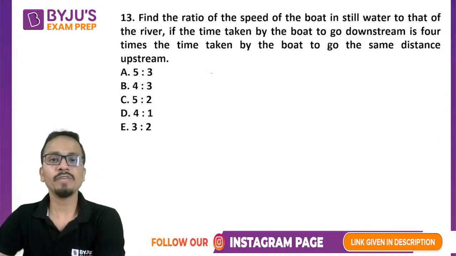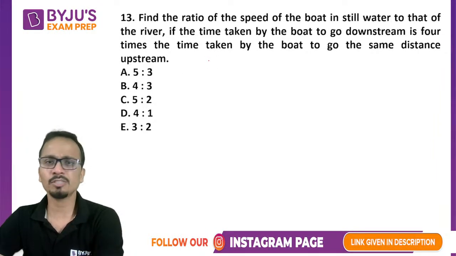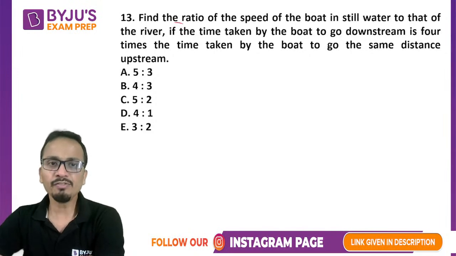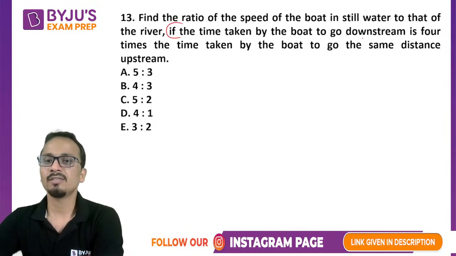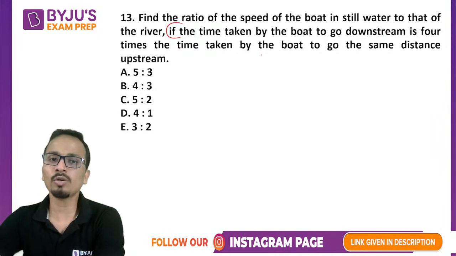Okay, so we have to find out the ratio of speed of boat in still water and speed of stream, if the time taken to go downstream is 4 times the time taken to go upstream.